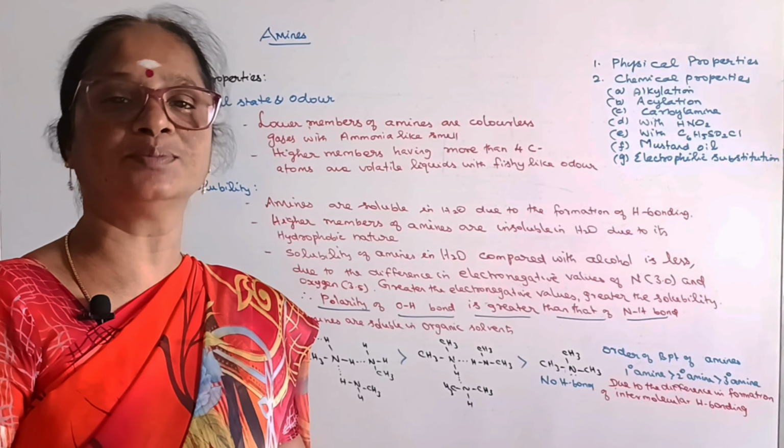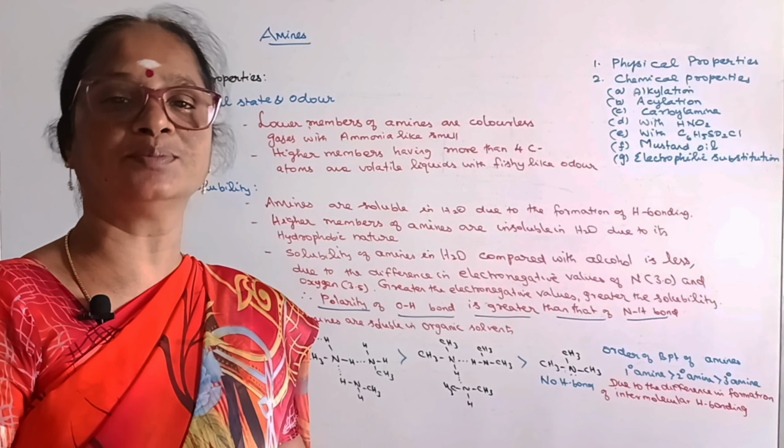At the same time, when you compare the solubility of amines with alcohol, alcohols are found to be more soluble than amines. Why? Because we know the order of electronegativity of the 3 atoms: fluorine is greater than oxygen, which is greater than nitrogen.